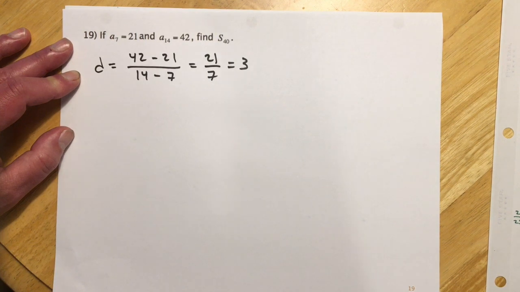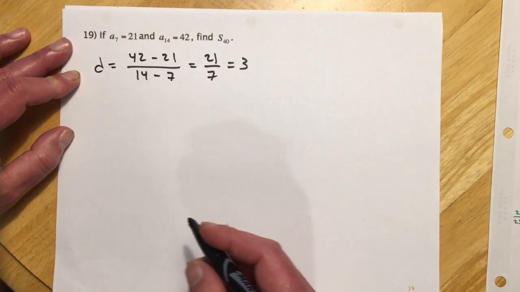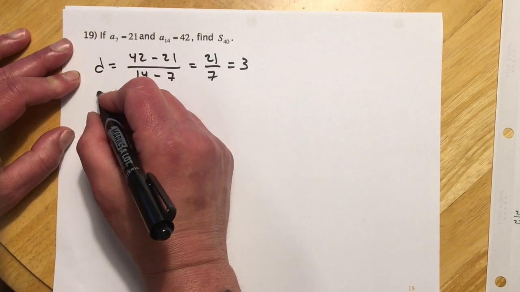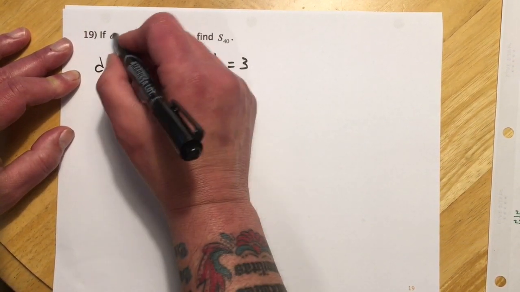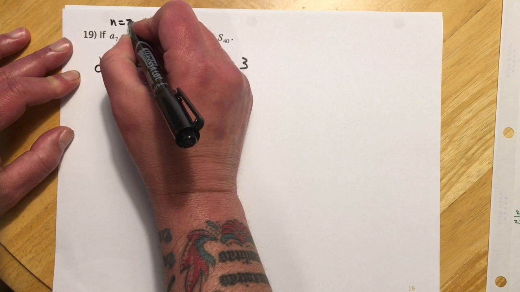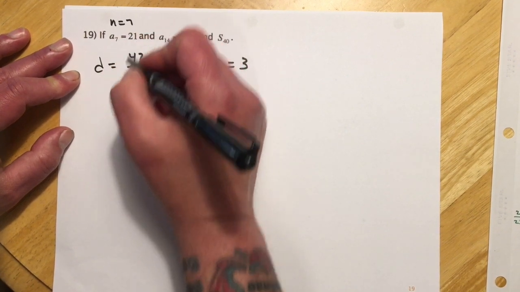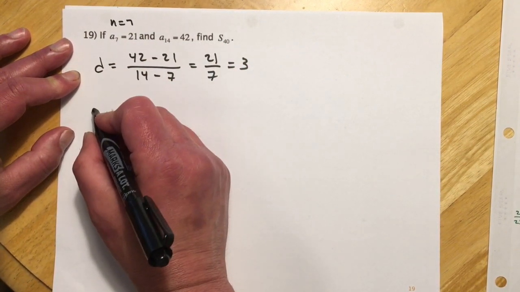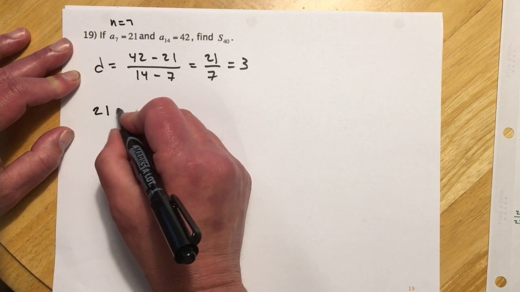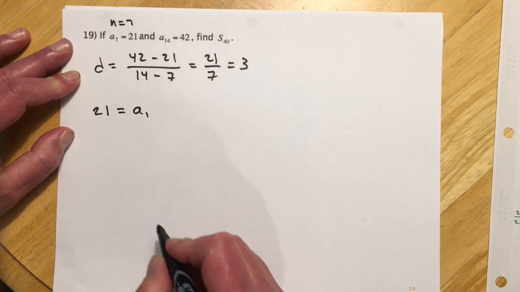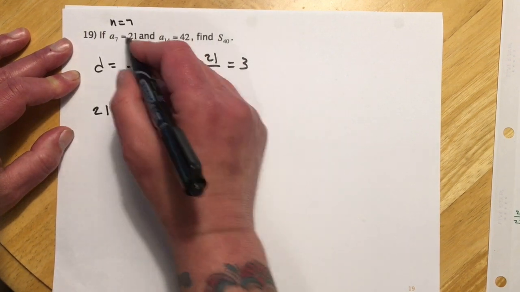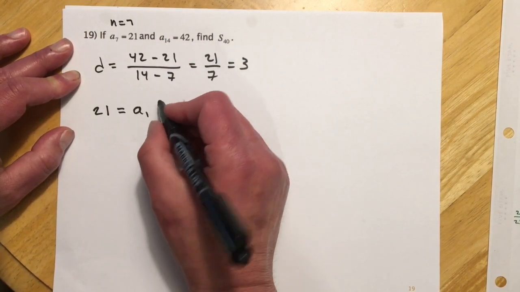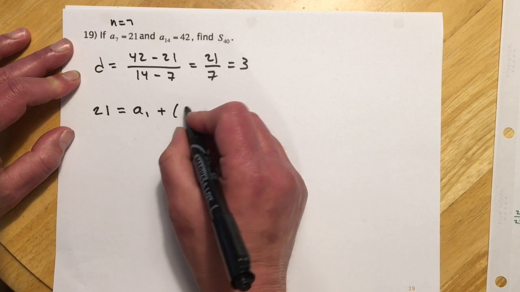Once I do that, then I'm going to use that nth term formula. So I'm going to use this one, so n is 7, and a sub n is 21. So the 7th term is 21. I'm using this to find the first term, because we don't have that here. I guess I could count backwards by 3s from 7 and get there, but it just sort of seems like a cheater way.